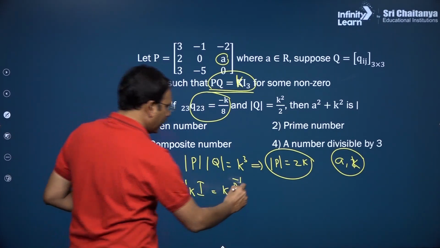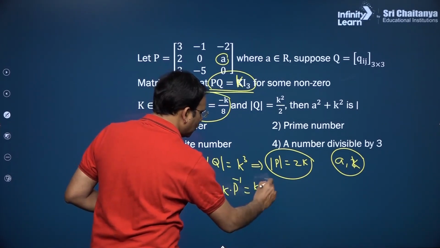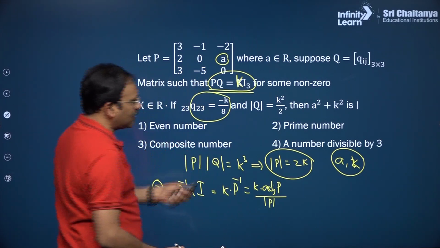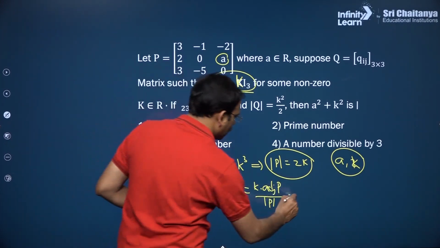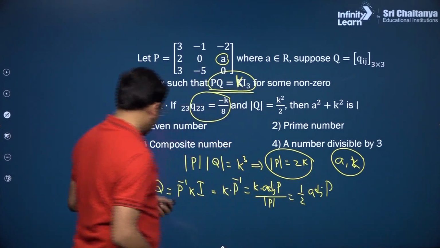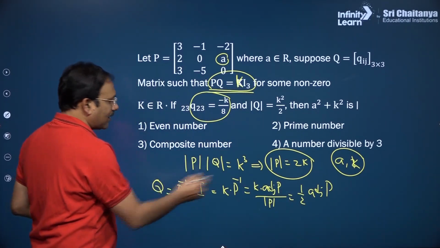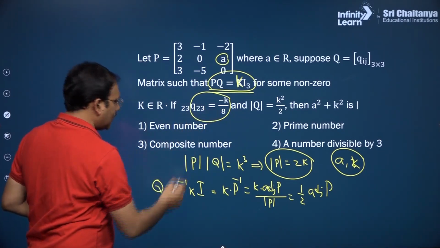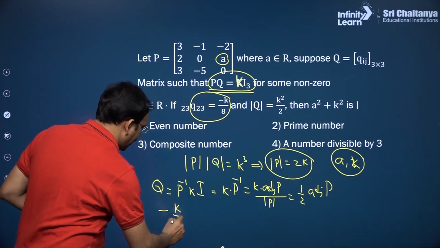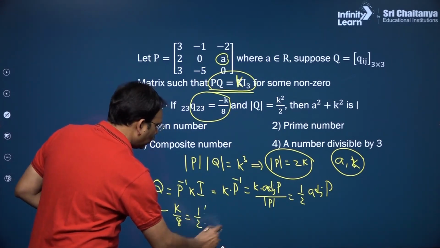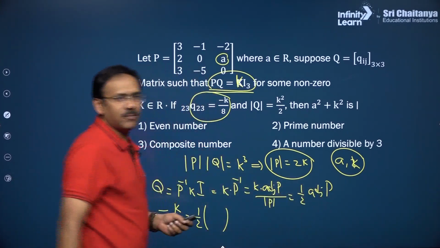P inverse means k into adjoint P by det P. Det P we already got as 2k, so this is half adjoint of the matrix P. So now Q matrix is equal to that matrix. In the matrix Q, the 2, 3 element is minus k by 8, which is equal to half of the 2, 3 element of adjoint P, my dear friends.